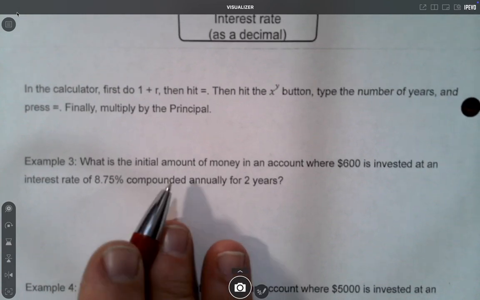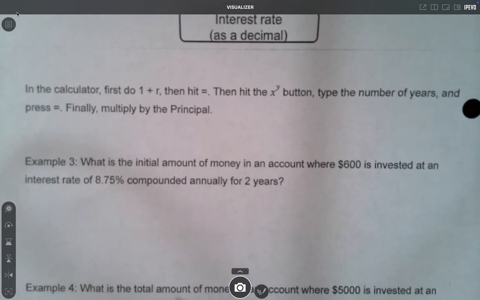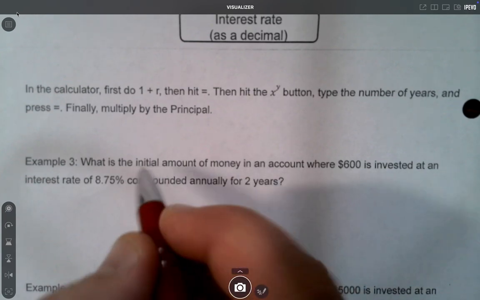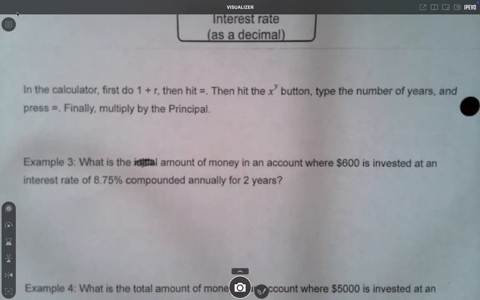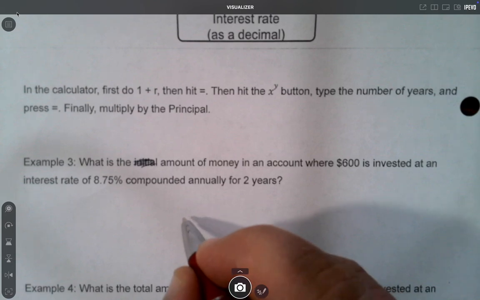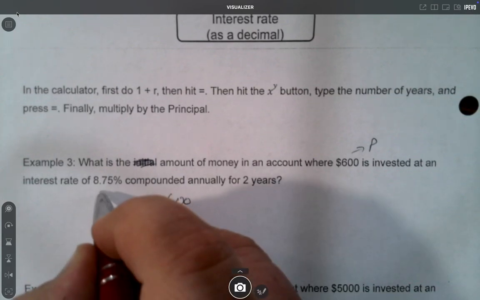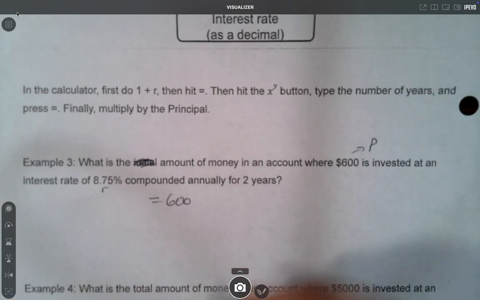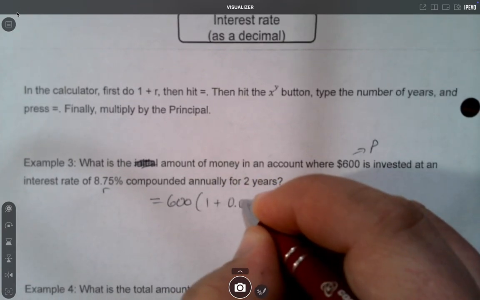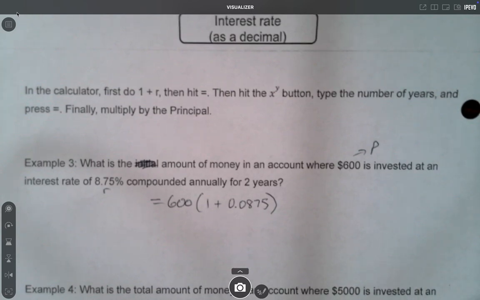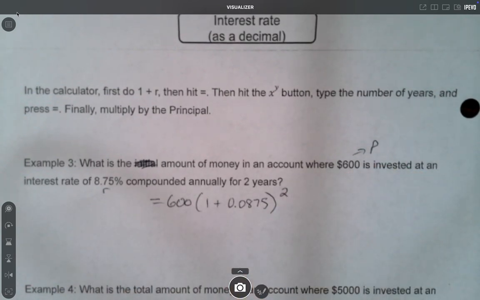Okay, so what is the amount of money in an account where $600 is invested, so that's the principal, at an interest rate, R, of 8.75%, so I do 1 plus 0.0875, compounded annually for 2 years. So we put a 2 right up there for 2 years.